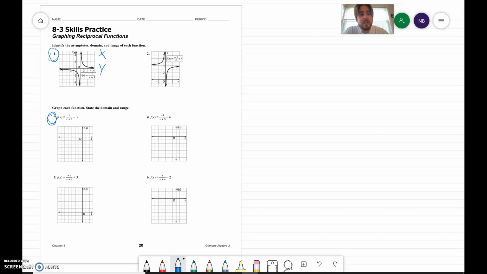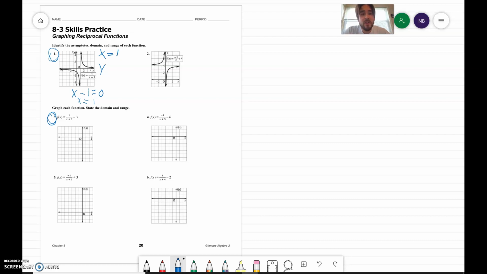So we say x minus 1 equals 0, and we solve that by moving the -1 to the other side, and we end up with x equals positive 1.